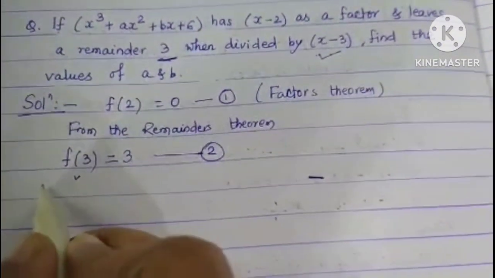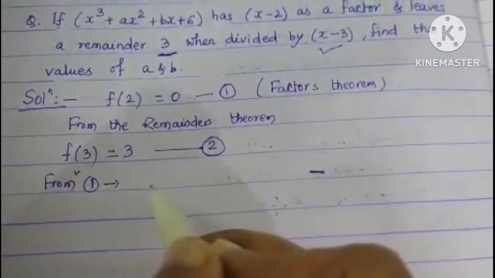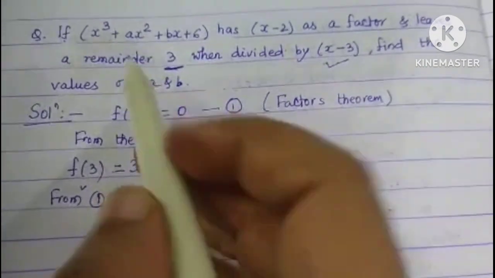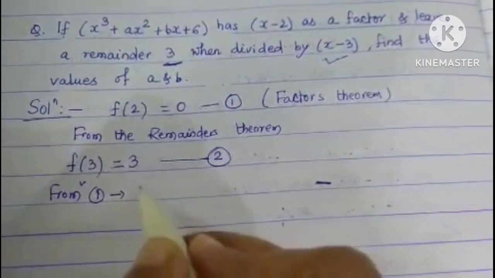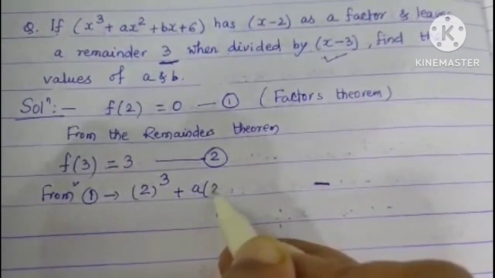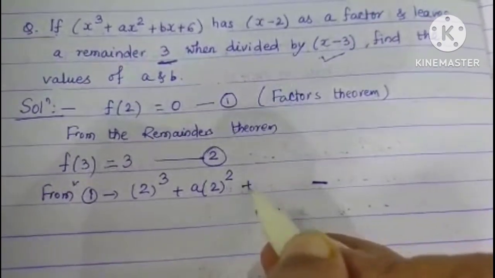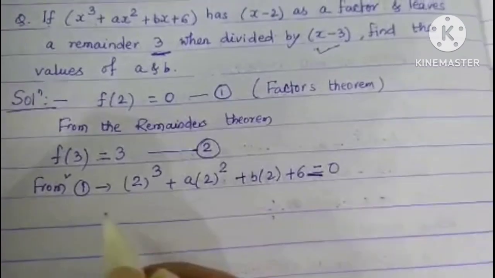Let us do it. From 1 we get f(2) equal to 0, so we put the value of 2 as x in this equation. 2 to the power 3 plus a into 2 square plus b into 2 plus 6 should be equal to 0.